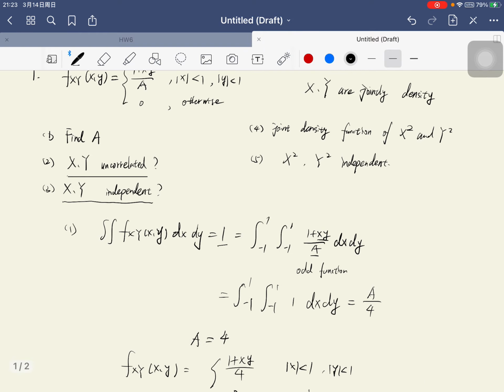For question 4, we want to compute the joint density function of x to the power of 2 and y to the power of 2.